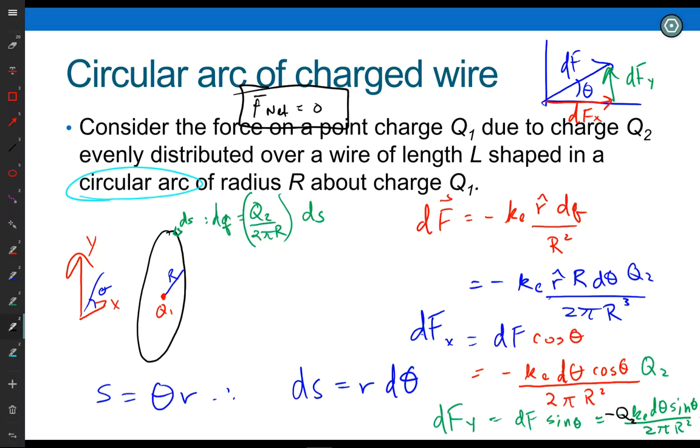But how would you do that? This is actually an important part of physics, recognizing these things. You would do that by looking at the symmetry. For every piece of wire that you have above, you have an exact piece of wire down below. And so you're going to have a force vector that's, assuming they're both positive, pushing down from the top.